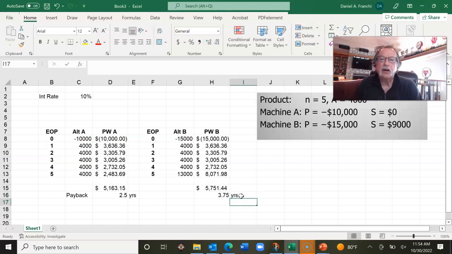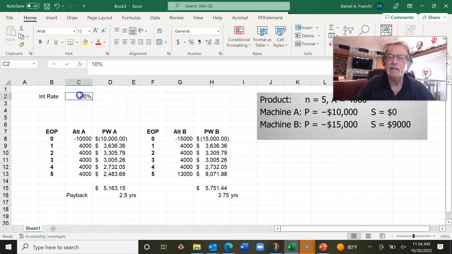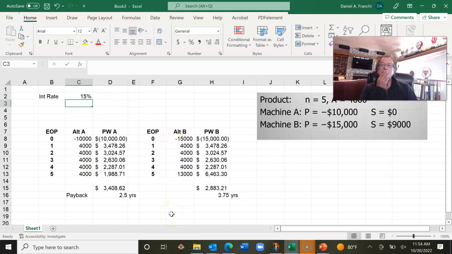So what's the better project? I can't tell you what the better project is. It depends upon your interest rate. Well, what if your interest rate is 15%? Well, at 15%, it looks like alternative A is better on a present worth basis and on a payback period basis.